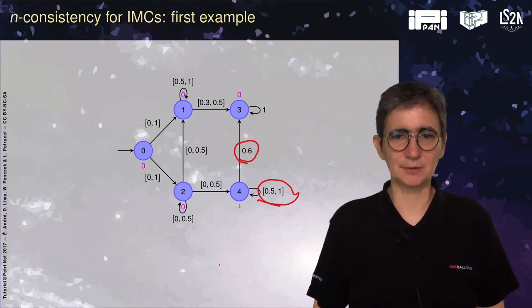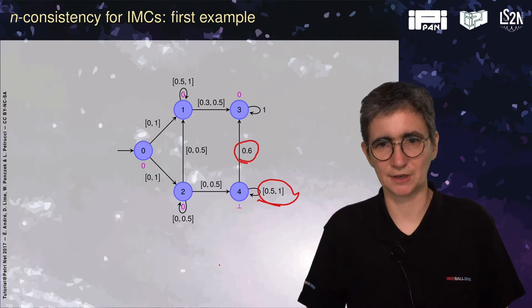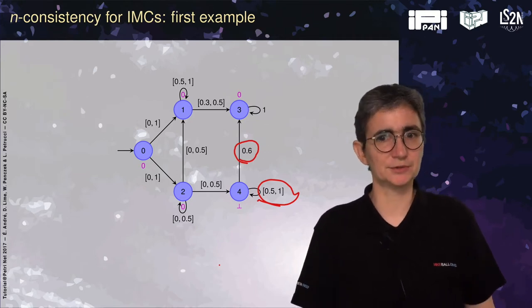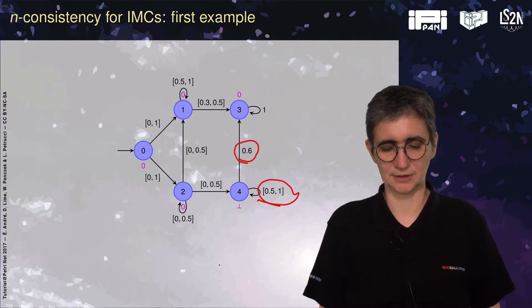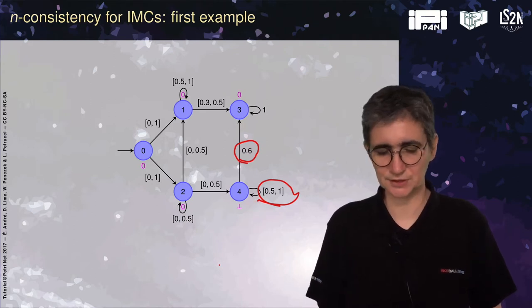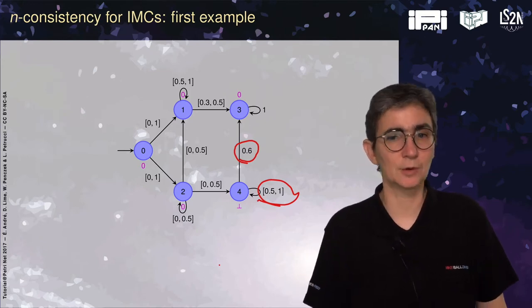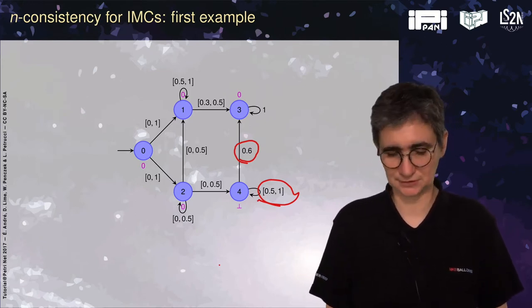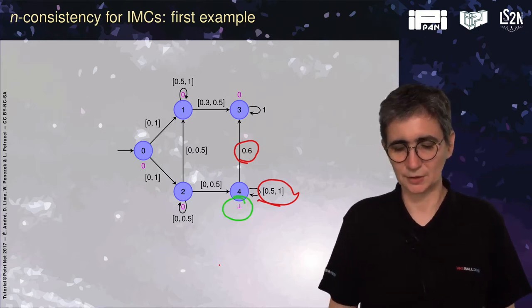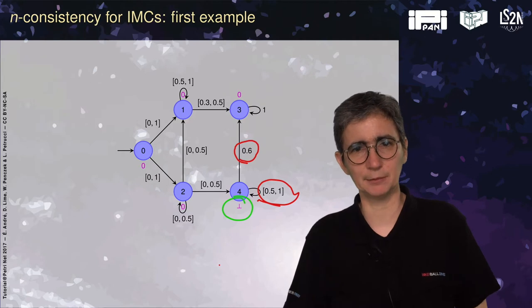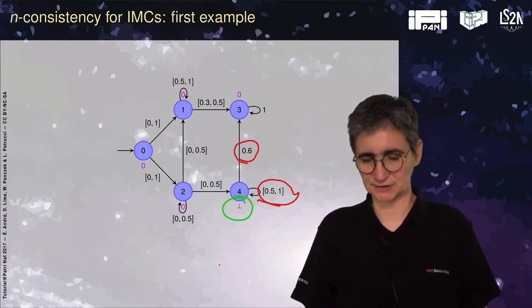Meaning that if I want a sum that is 1, because of these 0.6, I need to have 0.4 on the other arrow here. But 0.4 is not in this interval. Therefore, state 4 is not zero consistent, and we have marked it here.